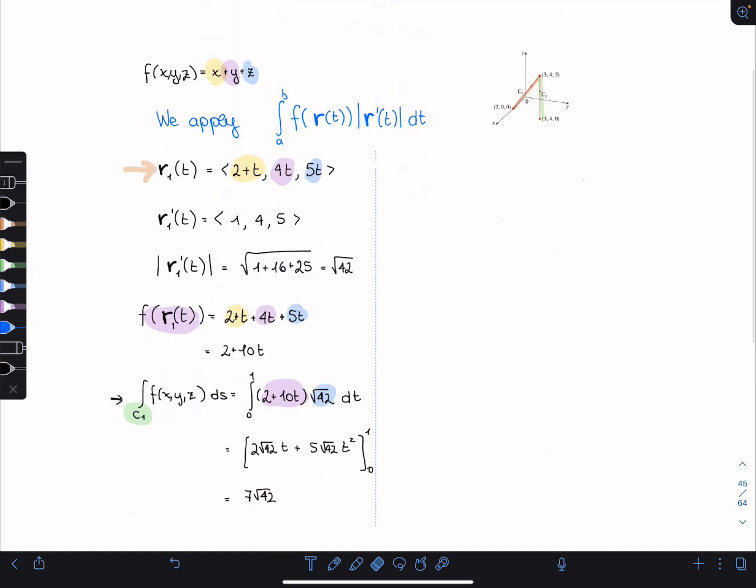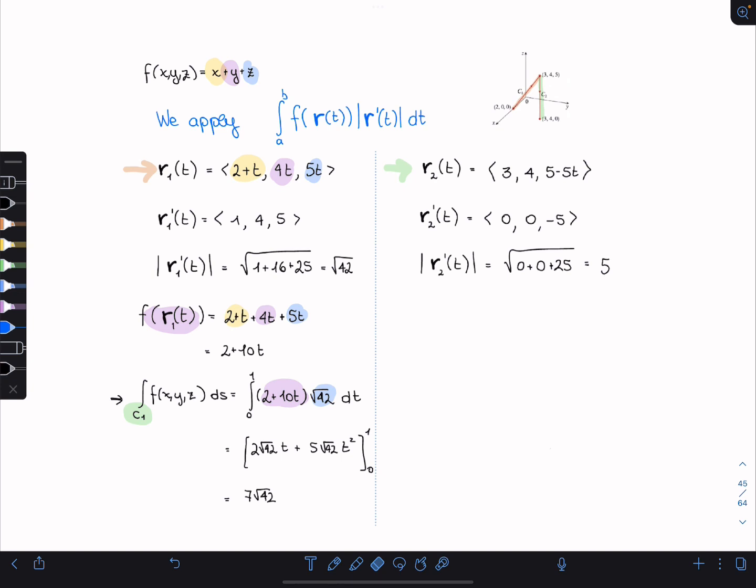We repeat the same process for the second parameterization. So we recall that the second parameterization was given by 3, 4, 5 minus 5t. Then we can simply find the derivative of this vector as before. Now the magnitude of this vector gives us 5.